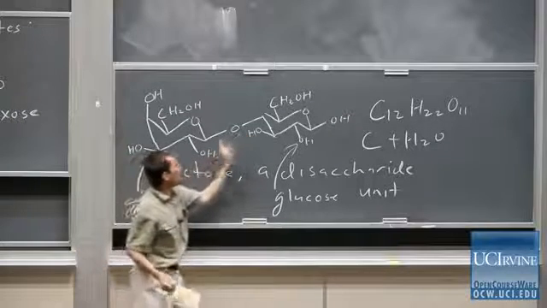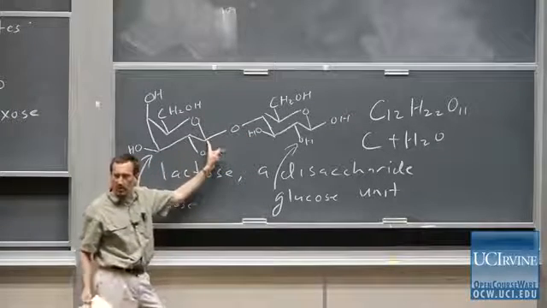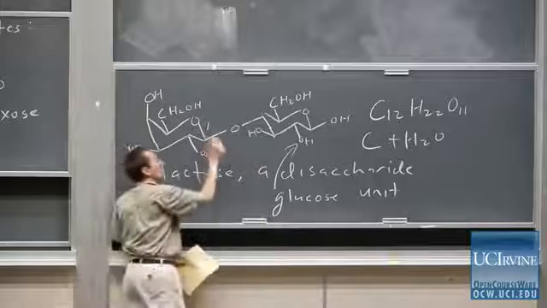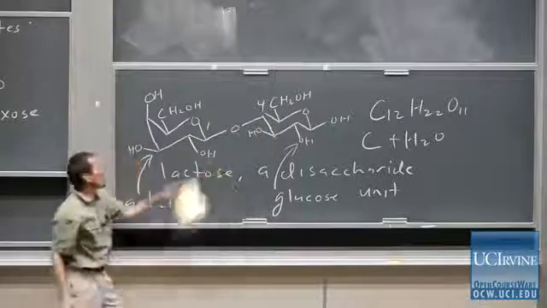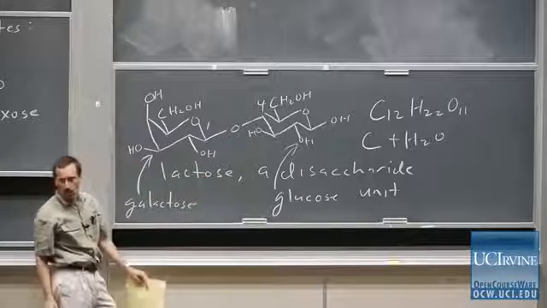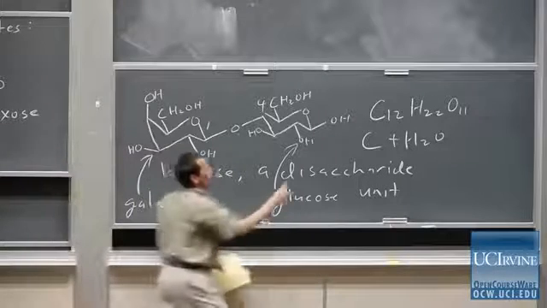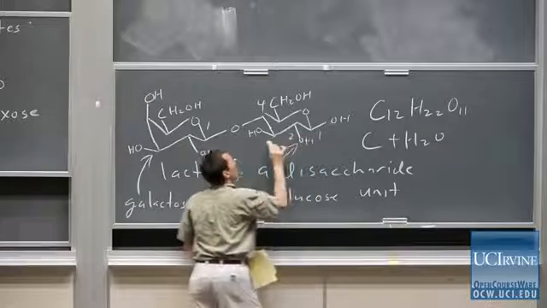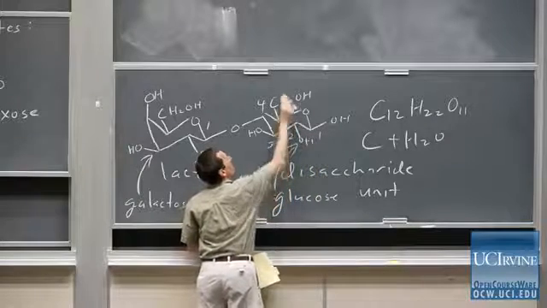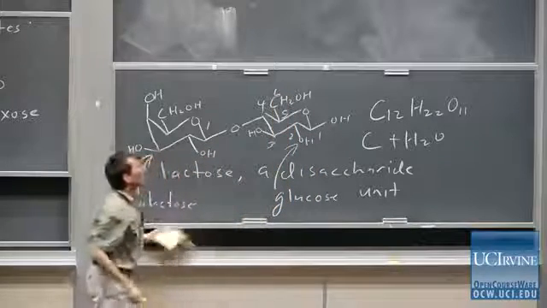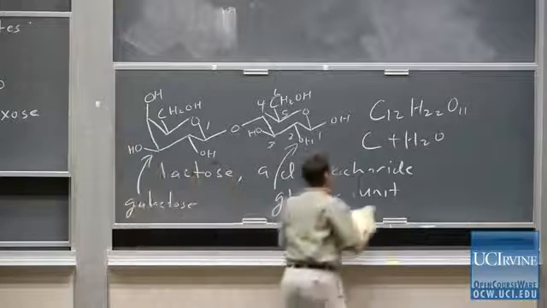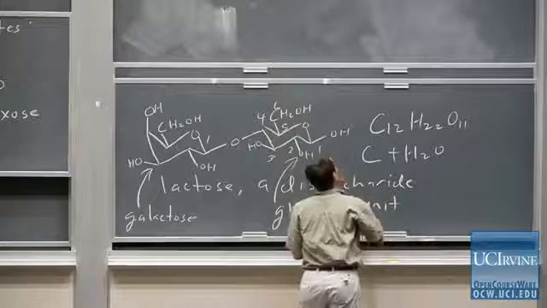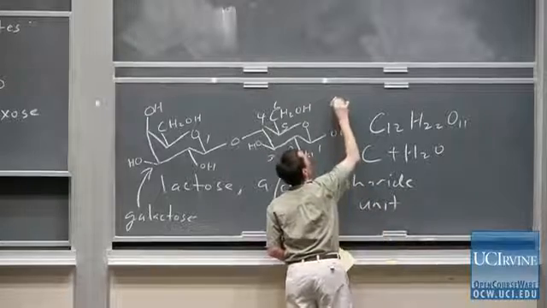We have a linkage from the 1 position of galactose to the 4 position of glucose, right? We number our way around the ring 1, 2, 3, 4, 5, 6. And so we call this a 1 to 4 glycosidic bond, glycosidic linkage, or glycoside bond.